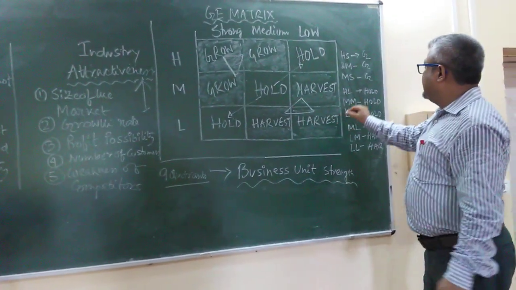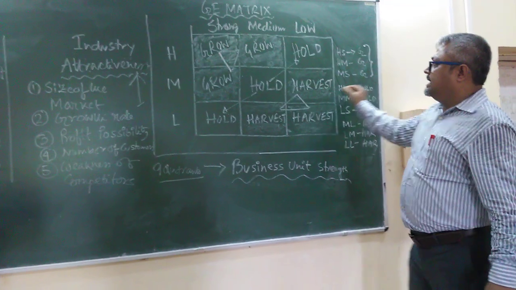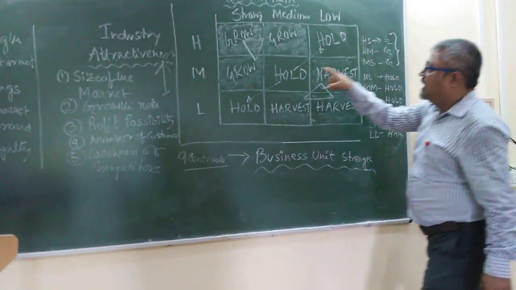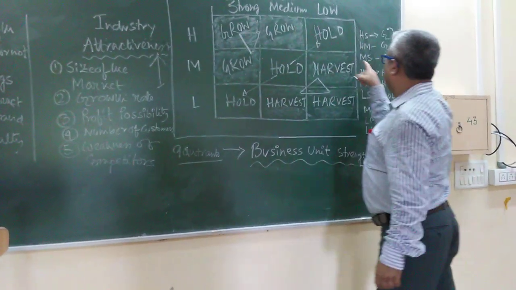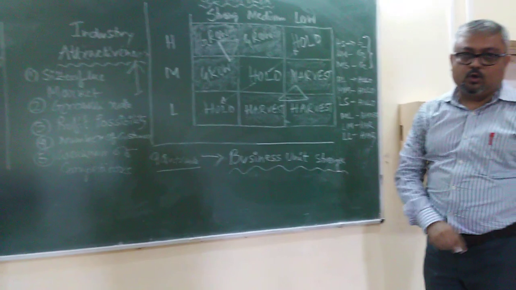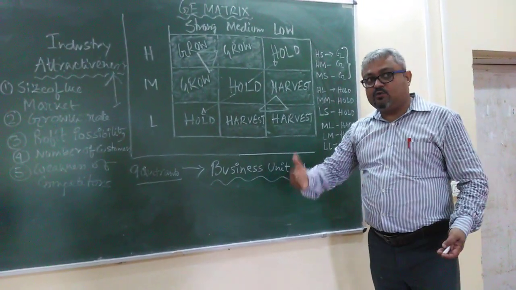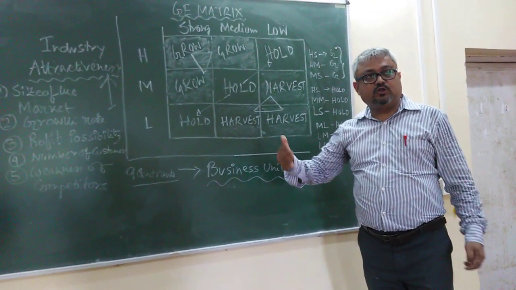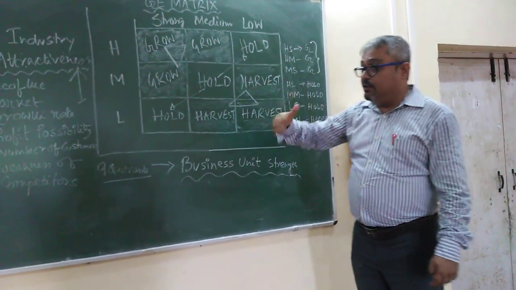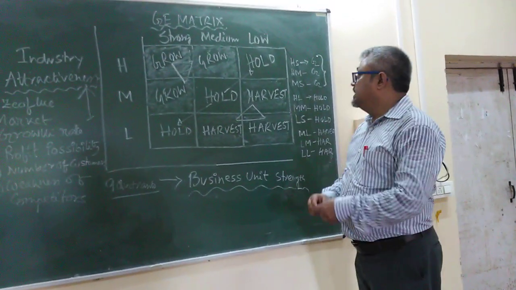In these three cases, high and strong, high and medium, and medium and strong, the option is grow. That means the market is growing and you are also growing. So you invest in this particular market so that you will get a good future return.